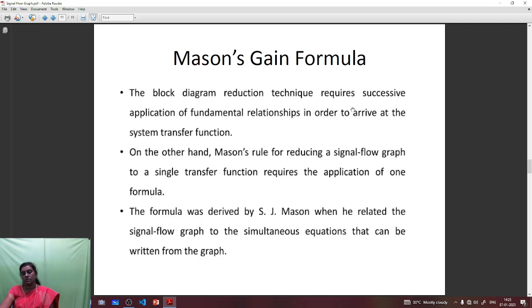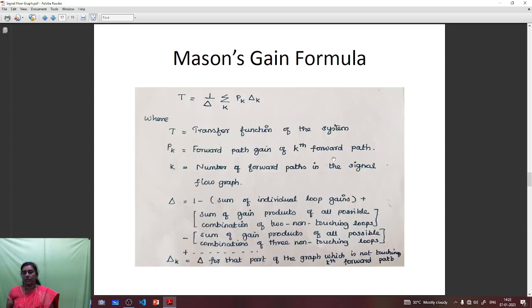Also, it requires successive application of fundamental relationships in order to get the system transfer function. So, in order to avoid it, we are going for Mason's rule, or we can say Mason's gain formula, for reducing a signal flow graph, which was derived by S.J. Mason. He has given a single formula to find the transfer function of a system.